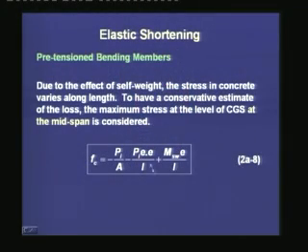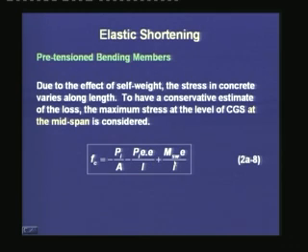The first term is the constant stress. The second term is the varying stress due to the eccentricity of the prestressing force, and since we are calculating the stress at the level of the CGS, the distance is same as the eccentricity.